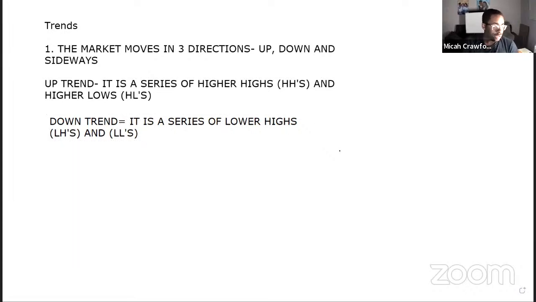So if I'm looking for a downtrend, my starting point would be at a high. I need to see the market stop, create a low, take my little line. I let the market pull back, create a new lower high, because this point is lower than this point.